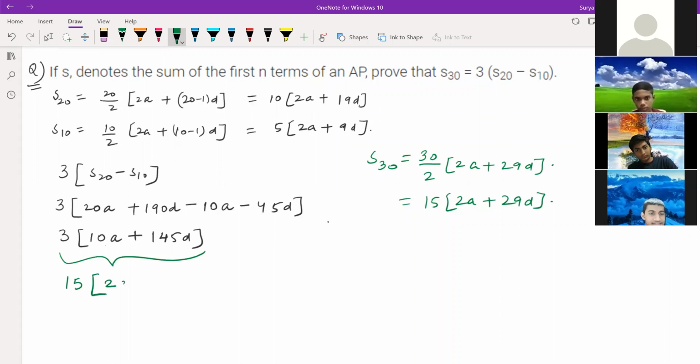Inside, what will come? 2a plus 29d, correct? Will 29d only come or something else? Here 145 is coming. 190 minus 45 is 145, and if you divide by 5, it's correct. So this whole thing is nothing but S30 and this got proved.